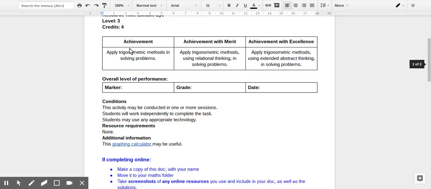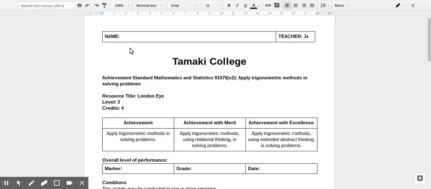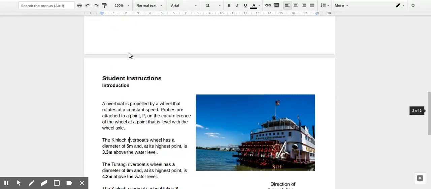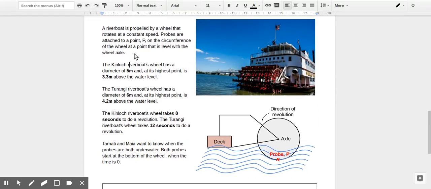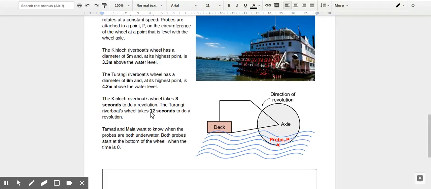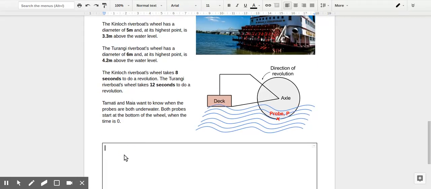So after you have put your name at the top here and read the question, to make a start, you'll notice that we've got these two different riverboats that we're comparing, the Kinloch one and the Turangi one. I'm going to call my first one Kinloch.